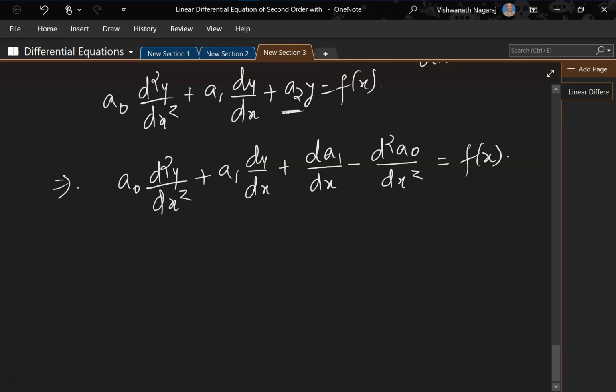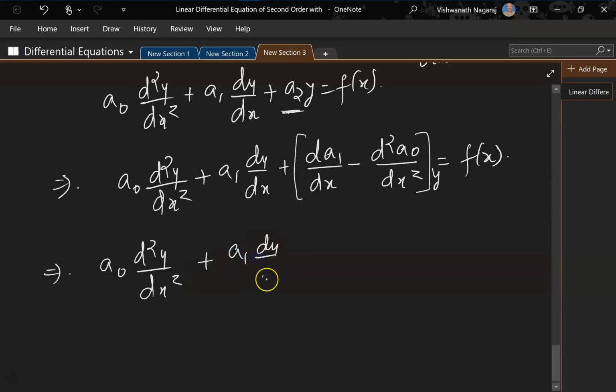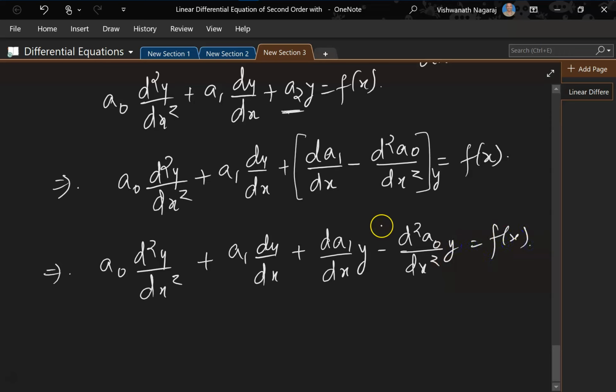Now what do I do now? Here I have to write y. Remember y, because a2 y is there. So let's open up that bracket. A naught d2y by dx square plus a1 dy by dx plus dA1 by dx y minus d2A naught by dx square y is equal to f of x. Okay.